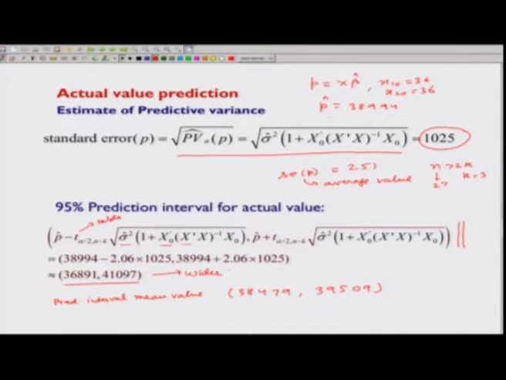So obviously when we are trying to predict an actual value, the predictor will have a wider confidence interval than when the predictor is used to forecast the average value. So this again confirms our theoretical finding.